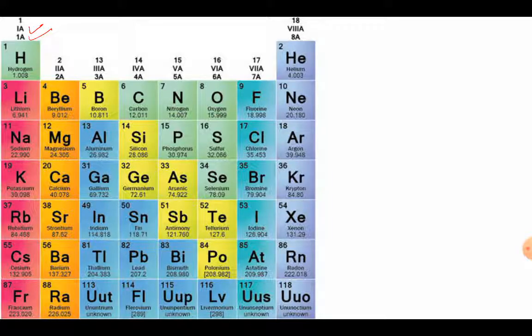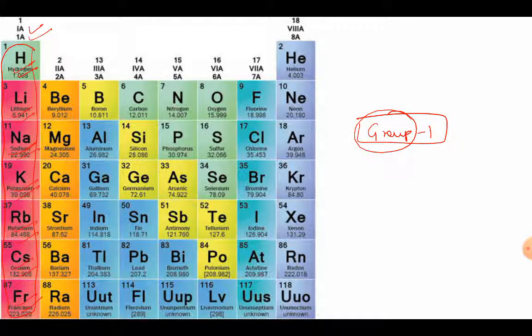Group 1 means we are taking these elements: hydrogen, lithium, sodium, potassium, rubidium, cesium and francium. These are group 1 elements. Now let us see how the valency varies in a particular group, that is, if we move from up to down. How will the valency change?